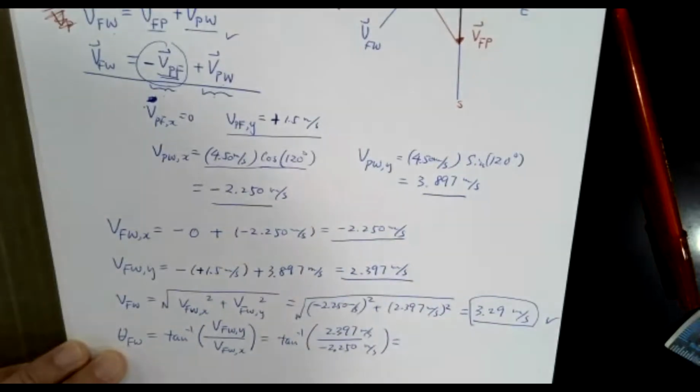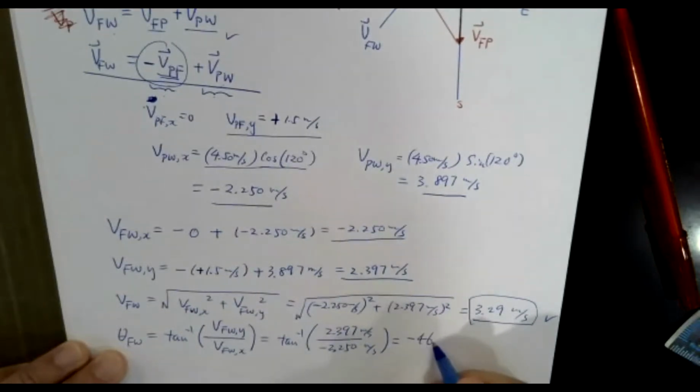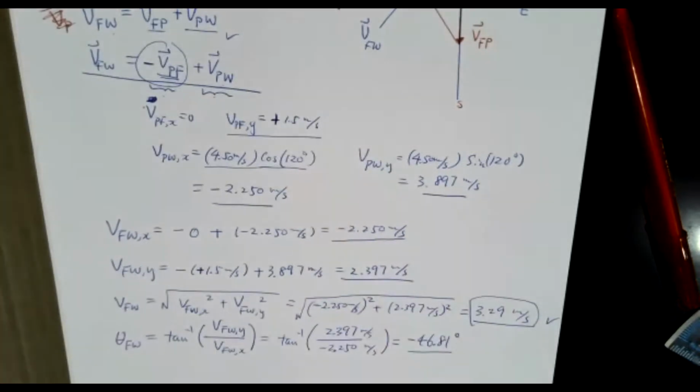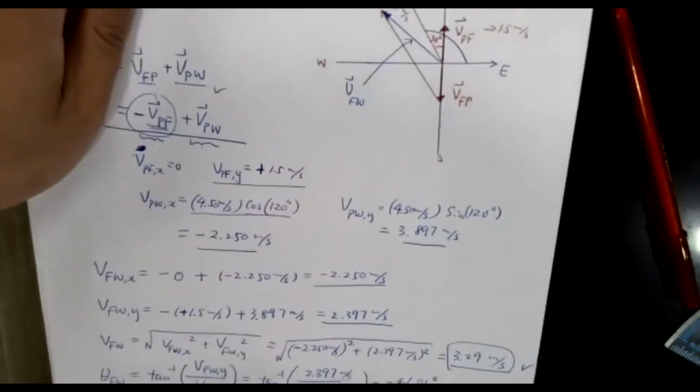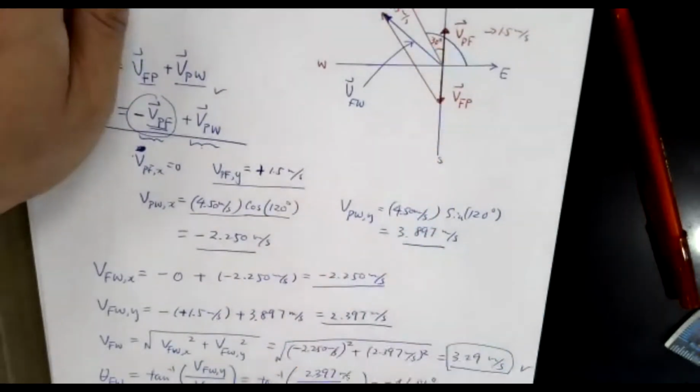That will give you minus 46.81 degrees. You can see this is a negative number, a negative angle. Apparently, it doesn't match up with what you have on the sketch, on the graph. So what's the problem here?